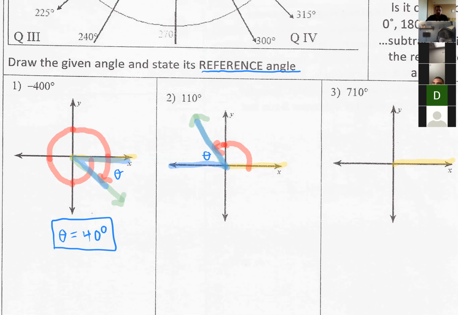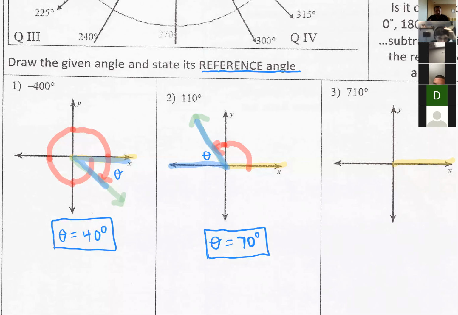So if this is 110, what do you add to 110 to get 180? 70. 70 degrees is your reference angle here. A common mistake students make is they might say 110 or they might say 20, because we did go 20 degrees past the y-axis, but you never use the y-axis unless it's 90 or 270.